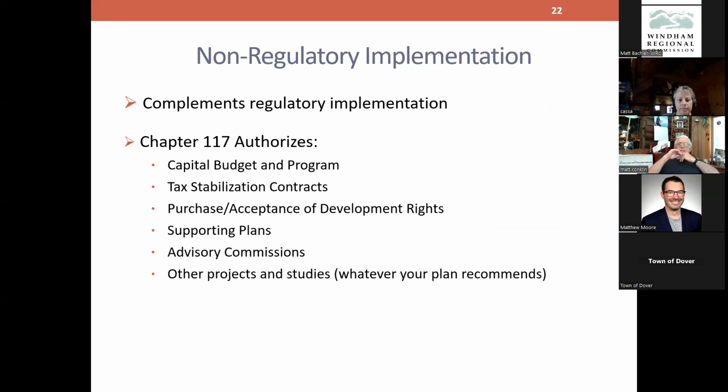And for non-regulatory implementation, this complements the regulatory tools. So Chapter 117 specifically authorizes towns to do capital budgets and programs, so planning out for municipal facilities, town roads, water and wastewater updates if the town has those facilities, tax stabilization contracts, purchasing and accepting development rights.